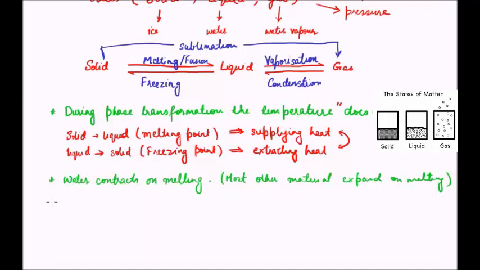So here too there will be two cases. A material like water which contracts on melting will have its melting point reduced on increasing pressure. If contract, I am writing MP for melting point, reduces when pressure increases.